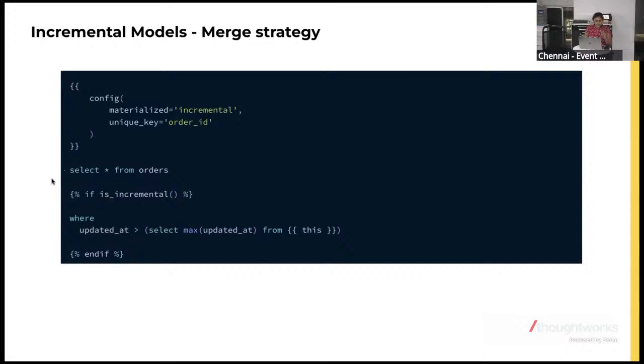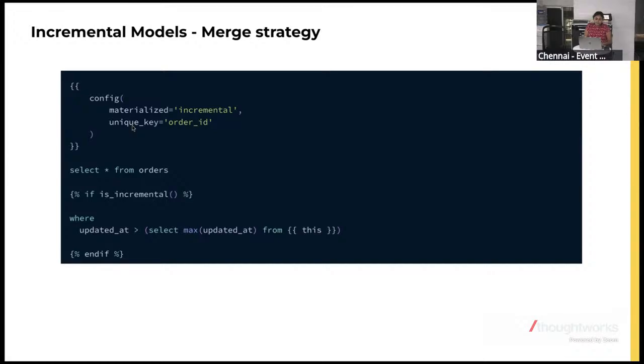Only then will this where filter come into place. So the first time it will select everything and load all the records in your source. In successive runs, where you want to filter only the newly updated records, those records alone are fetched, and then the usual merge strategy happens.